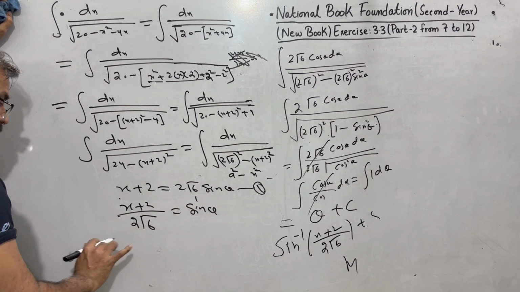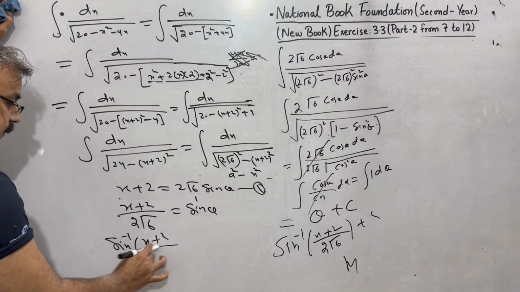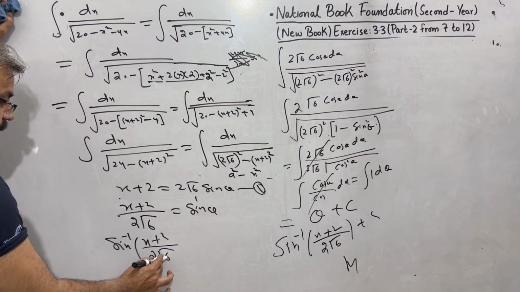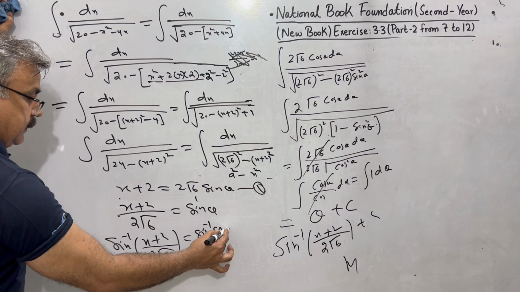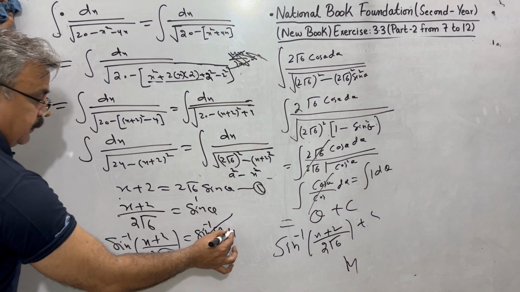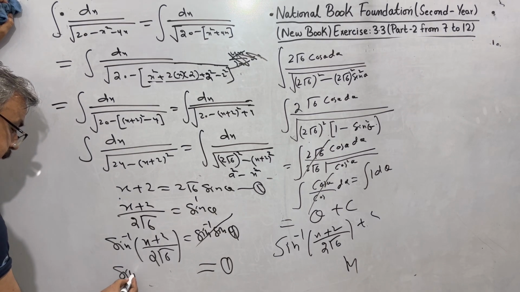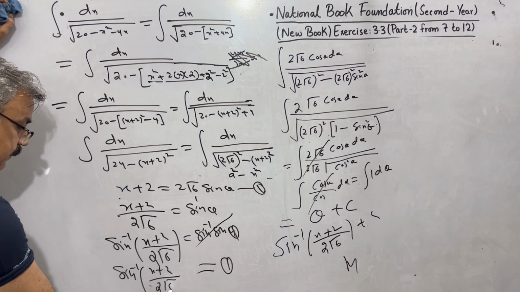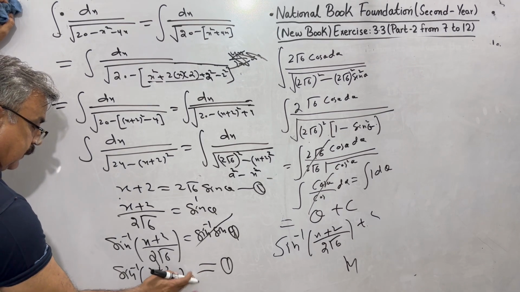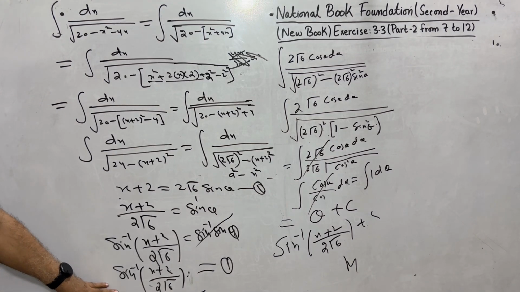We have sine inverse of x plus 2 divided by 2 times root 6 equals sine inverse of sine theta, neutralized. What remains? Theta is equal to sine inverse of x plus 2 divided by 2 root 6 plus c. Plus c, I have written over there. That's the value of theta.